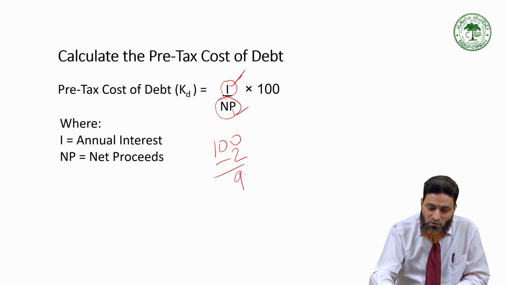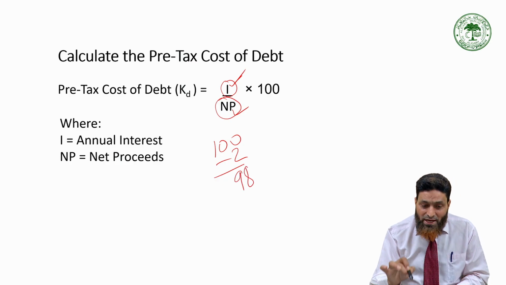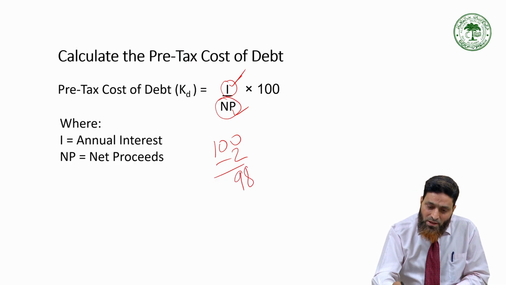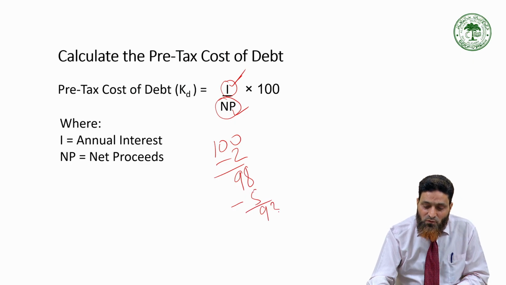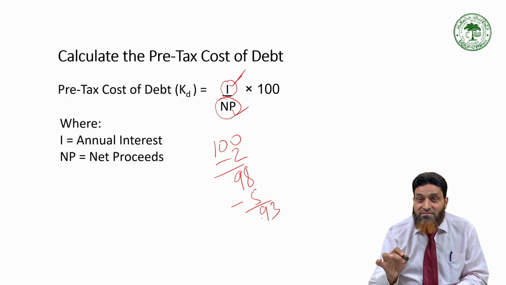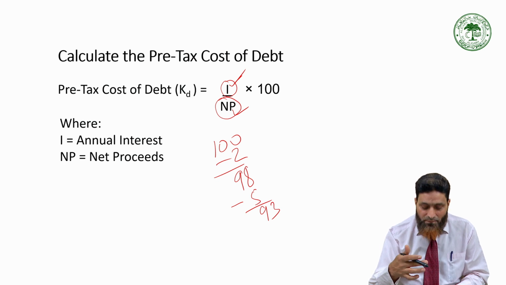So the effective amount the company is getting is 98. So 98 is the net proceeds. And maybe further, the company is giving some discount to debenture holders, bond holders. So the effective amount the company is receiving is 93. This is called net proceeds, and that's why you have to calculate, in real sense, how much amount is received by the company.